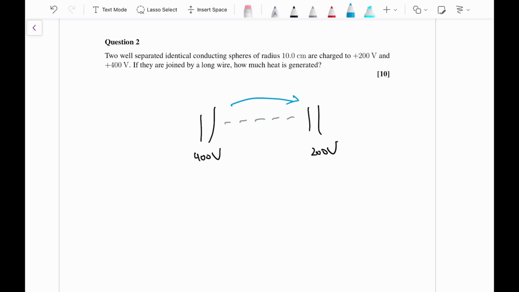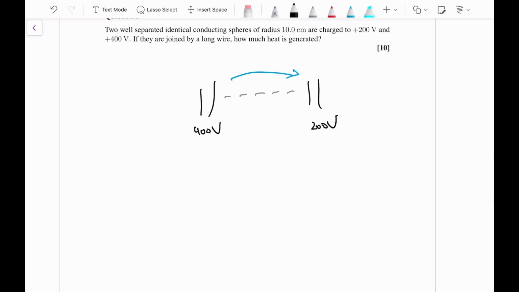Now let's see. We will be able to calculate heat if we can calculate the capacitance, and I think this is actually possible. For capacitance, what we know is that there's an equation: it is equal to epsilon times area over d. And we can actually apply this to a sphere.